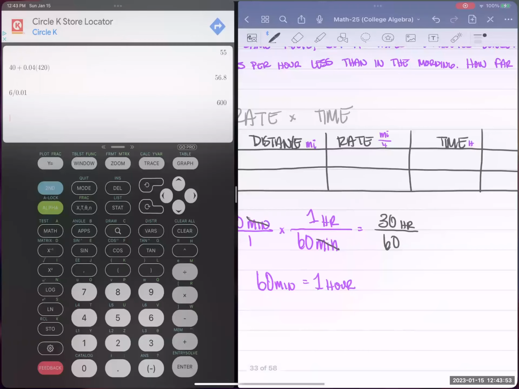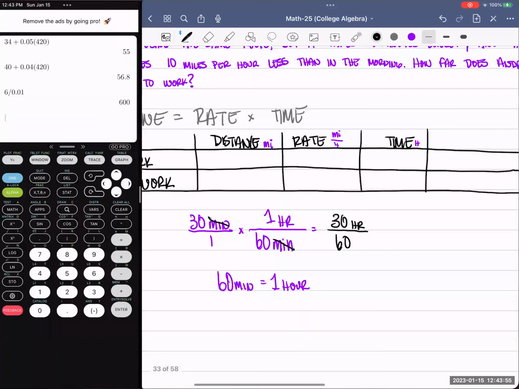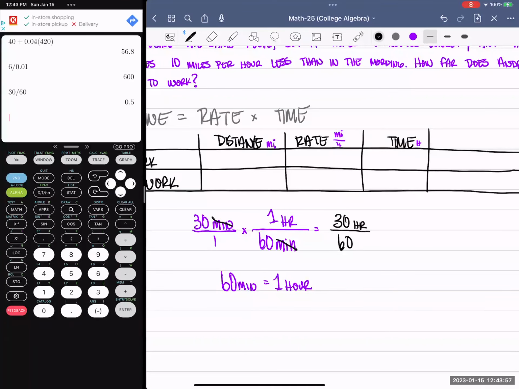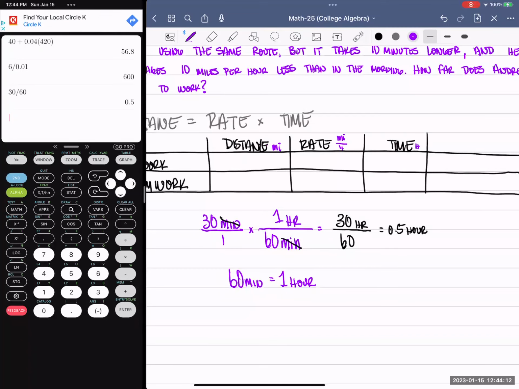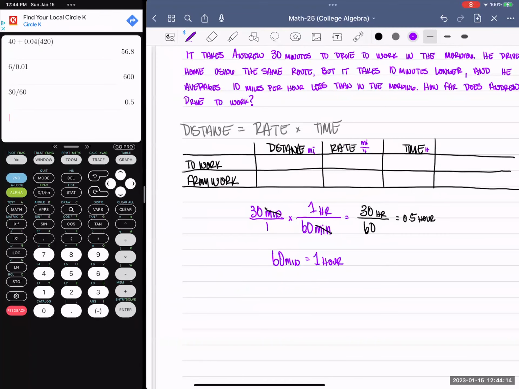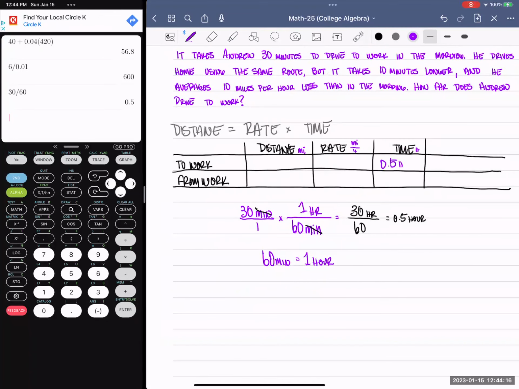So we have 30 divided by 60, which is 0.5. So 0.5 hours, and that's what we can put in for this first part for time. So time to work is 0.5 hours.